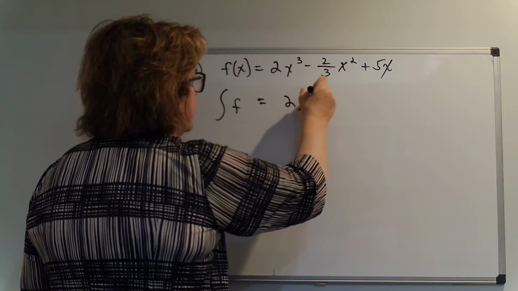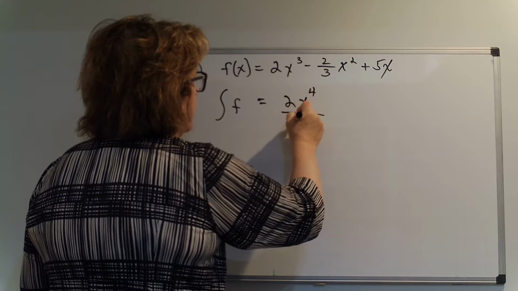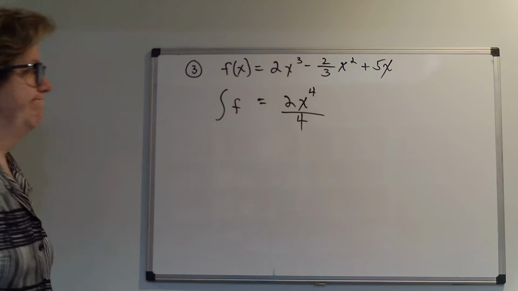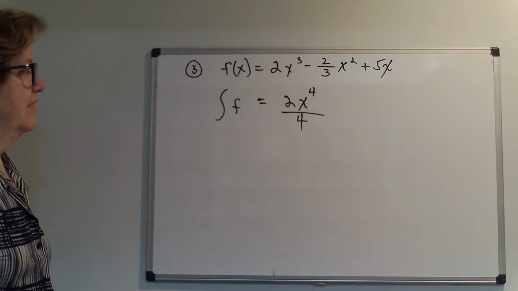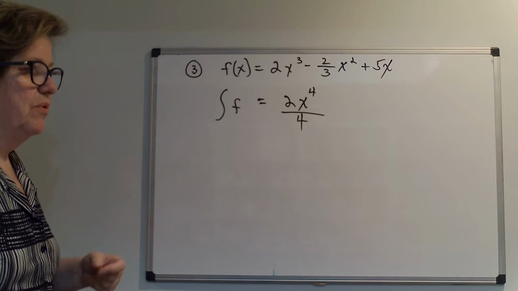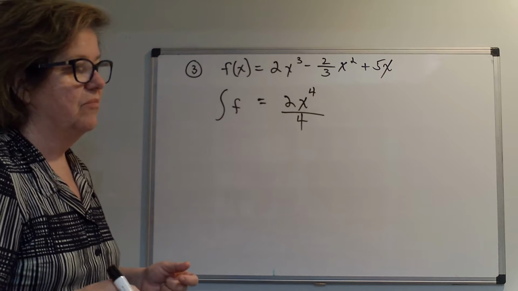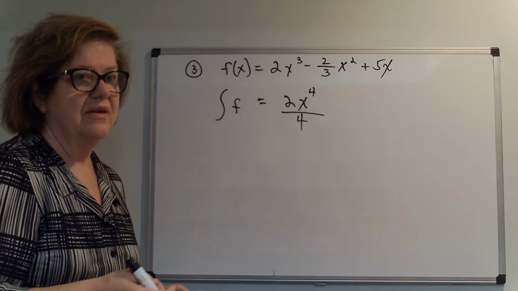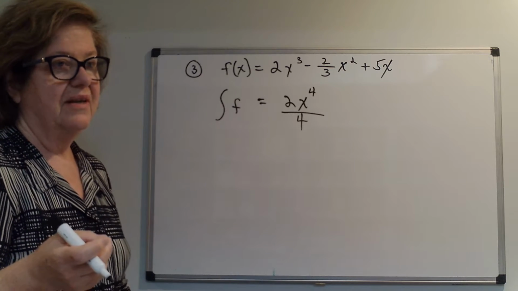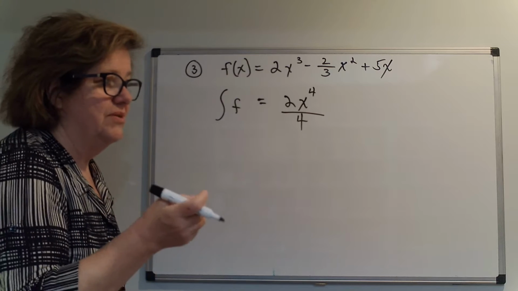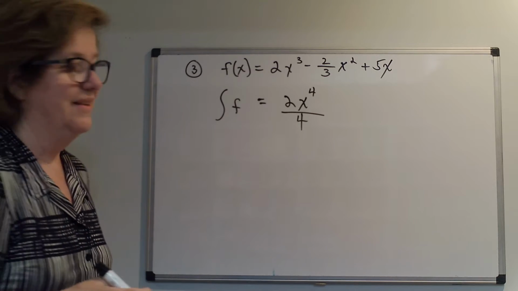So 2x to the 4th over 4. And we'll check this. Remember in the power rule, we bring the exponent down and decrease it by 1. Now what we're going to do is increase it by 1 and divide.